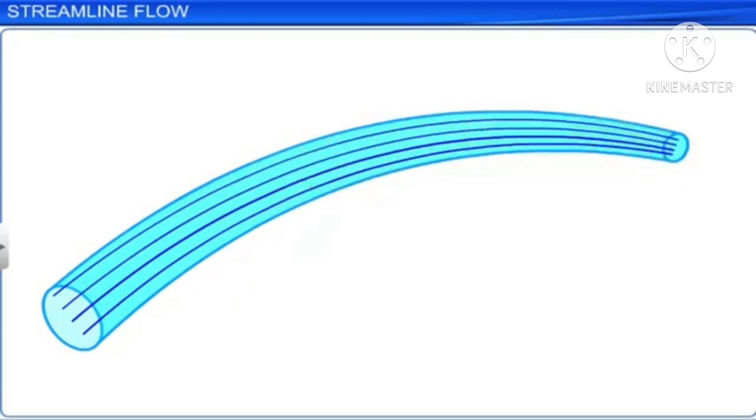Consider a tube of flow represented by AB with area of cross-section A1 and A2 at the two ends A and B. Let V1 and V2 be the velocities of the fluid at ends A and B.